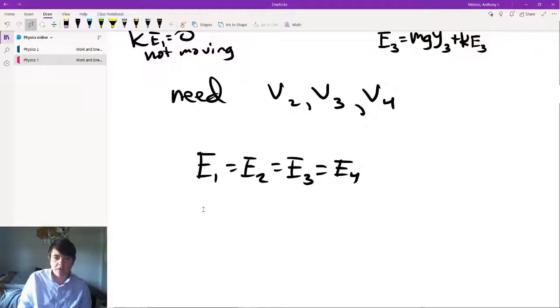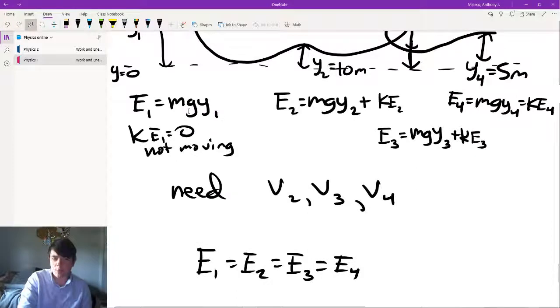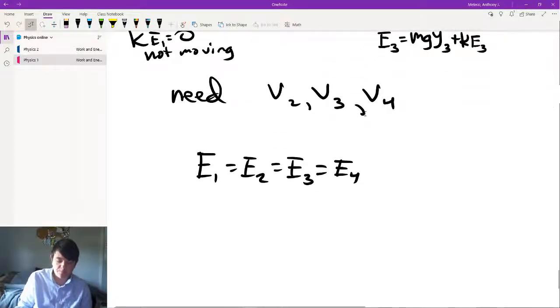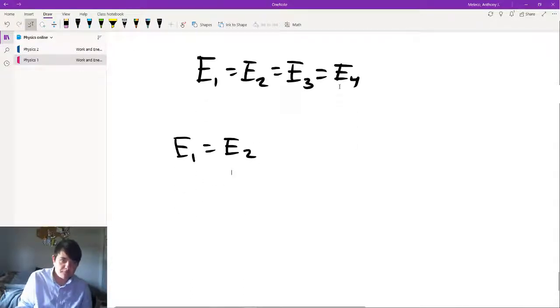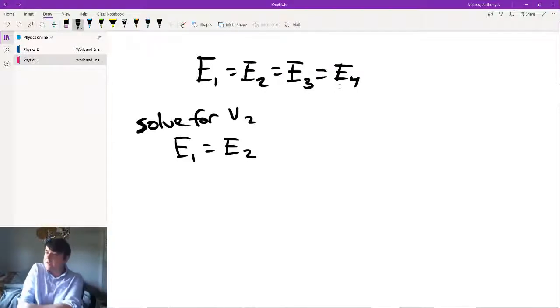You can do E1 equal E2, E1 equal E3, E1 equal E4, or E2 and E3, E3 and E4. I think it's easiest to compare everything to E1 because this only has one term in it, mgy, where these have mgy2 and kinetic energies. So I'm just going to do E1 equals E2 for the first one and solve for V2. But because all the energies are equal because of energy conservation, we can do it however we want.